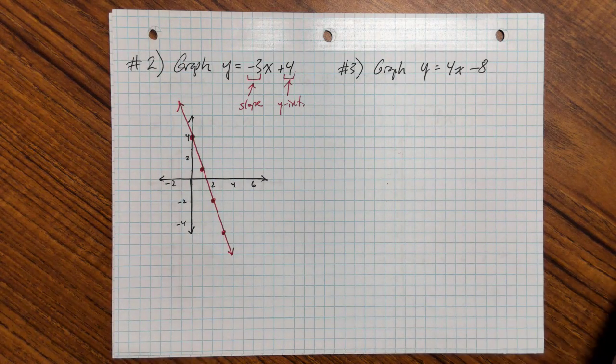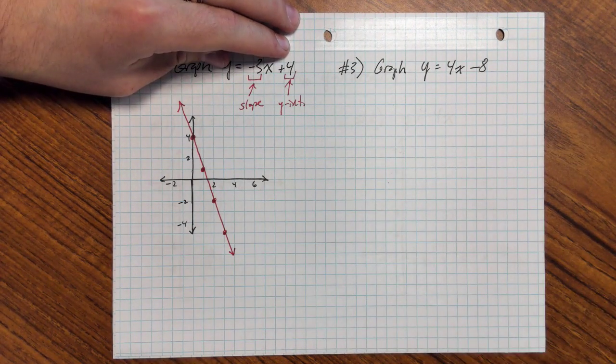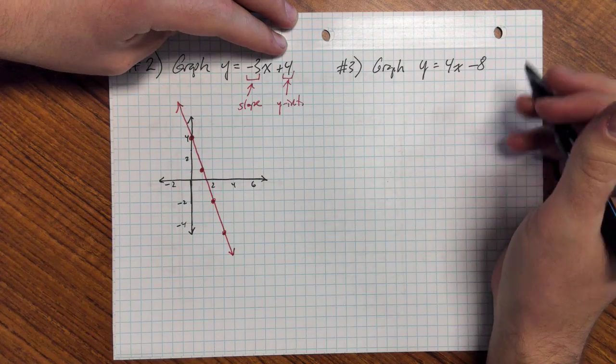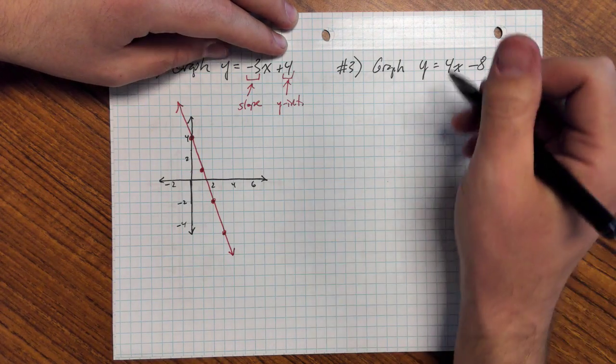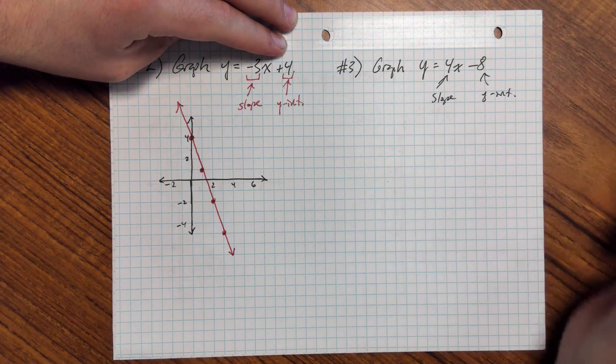Okay, now I'm not going to talk about this one. I'm just going to quickly draw this other one, so if you want to try it, you can pause it and then check your answer. This one is 4x minus 8. Here's my slope, my intercept.